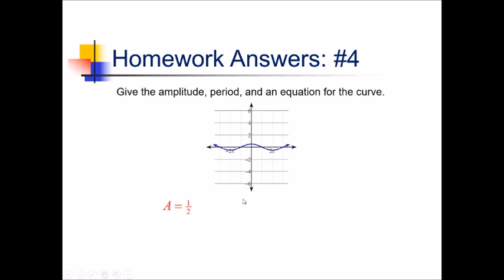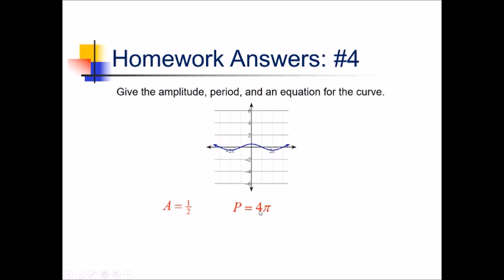For the period, this is how long it takes to go from one part of the wave to the same part. It's usually good to look at the top or the bottom of the wave. Like the bottom here, it takes a distance of 4 pi to go from trough to trough. So that's 4 pi for our period before it starts repeating.